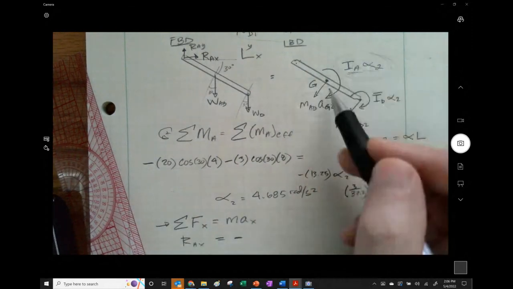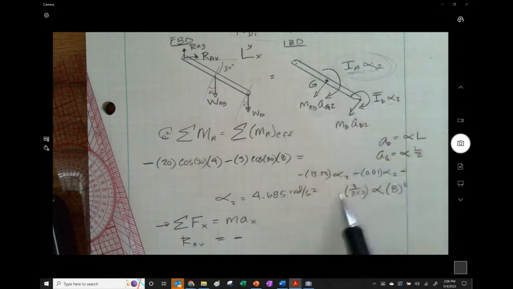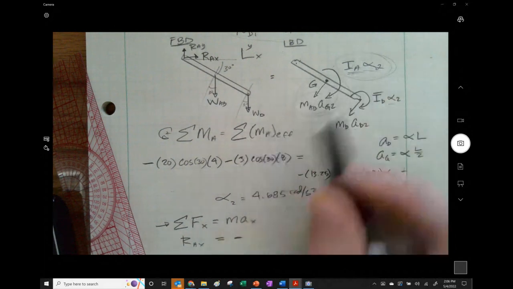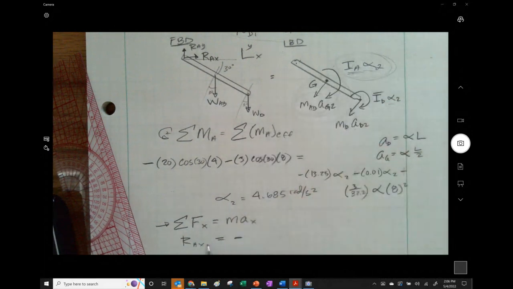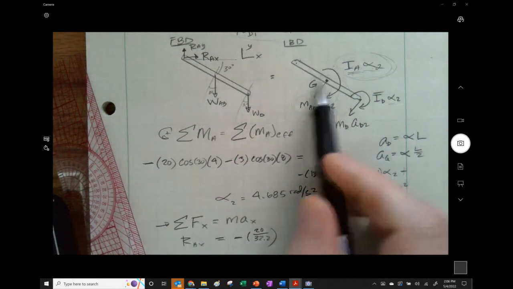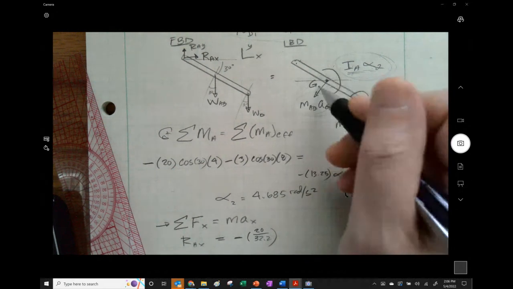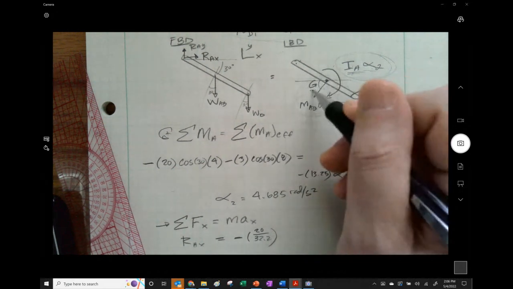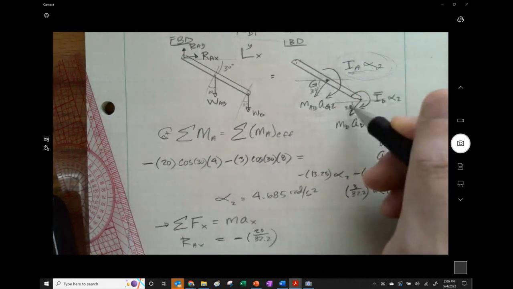I know that I used this, which means I didn't have to use that in my effective moments, but I drew it on here because I knew that I needed it here. And so we get the mass of this, which is going to be 20 divided by 32.2. And now it's only the horizontal direction. By the way, that right there is 30 degrees for both of these.